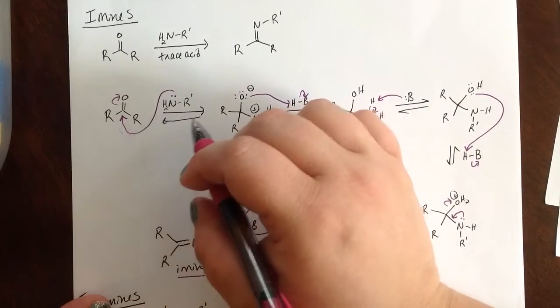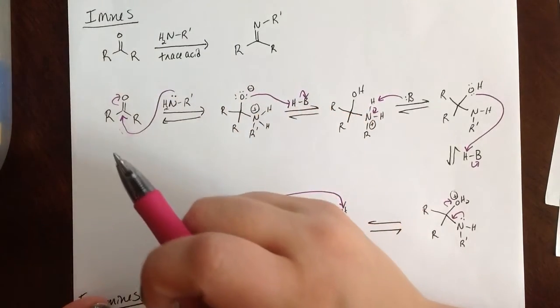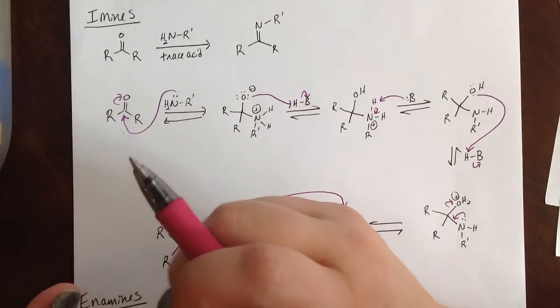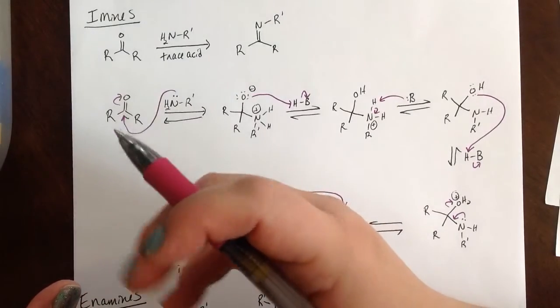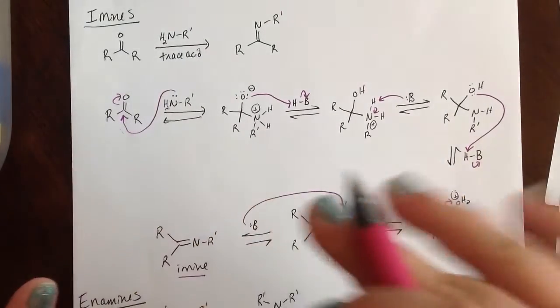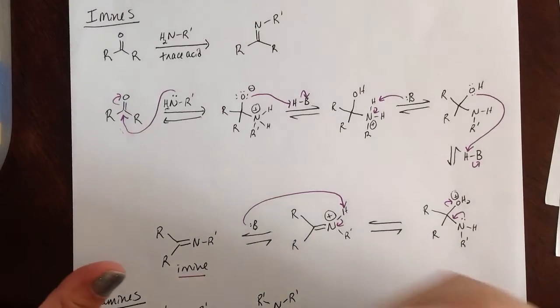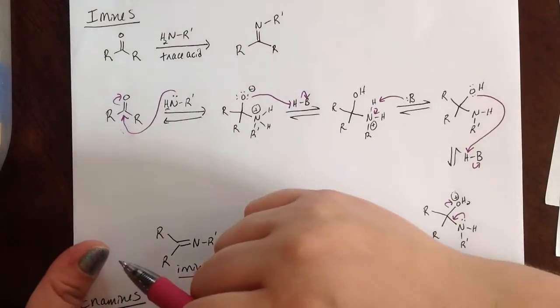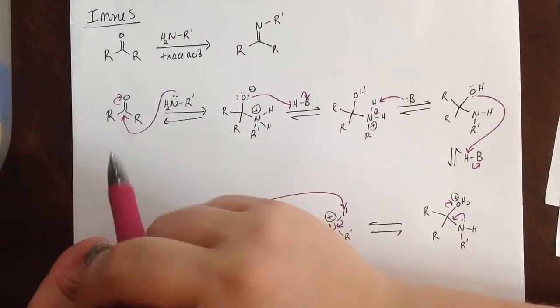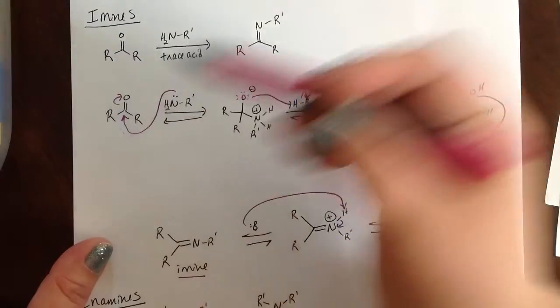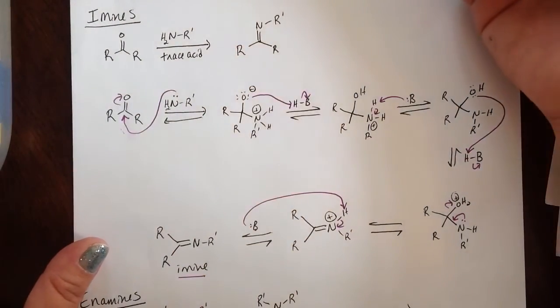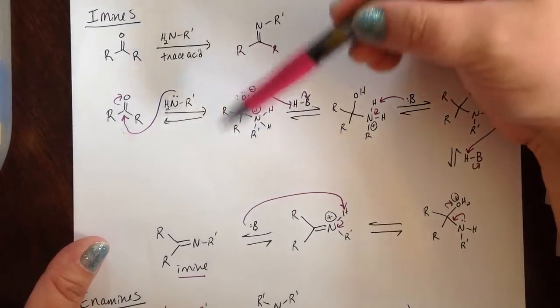Notice this is in equilibrium. You have to actually have a good pH for this to work. So I say you add trace acid because you don't add a huge amount of acid. Like a drop or two of sulfuric acid might work, depending on what your reaction scale is, of course. So when these electrons come up, I want you to keep in mind, you're in acidic conditions.